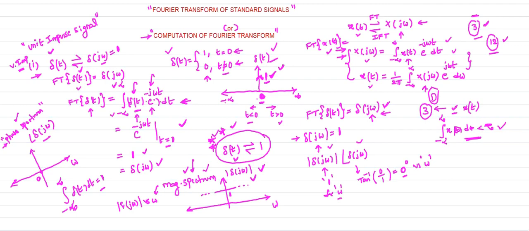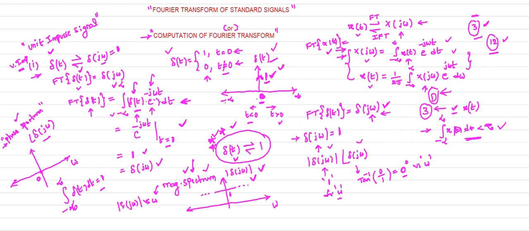But I told you that these Dirichlet's conditions are not necessary conditions. These are only sufficient conditions. Why? Because we can still apply the Fourier transform even though some signals are not absolutely integrable.